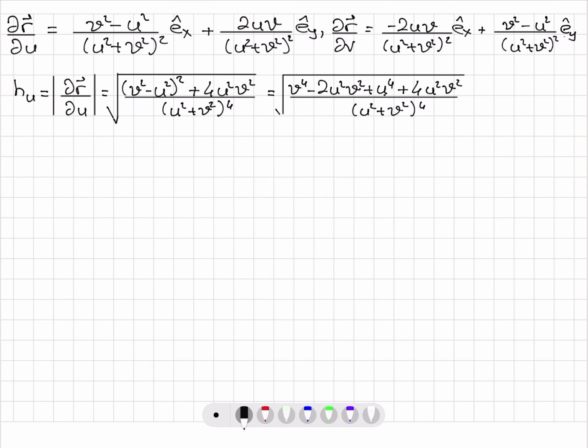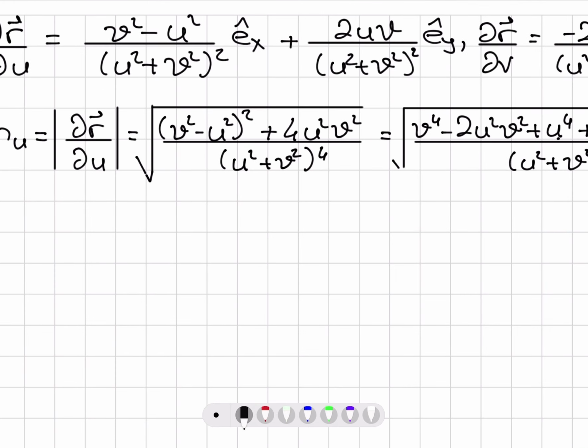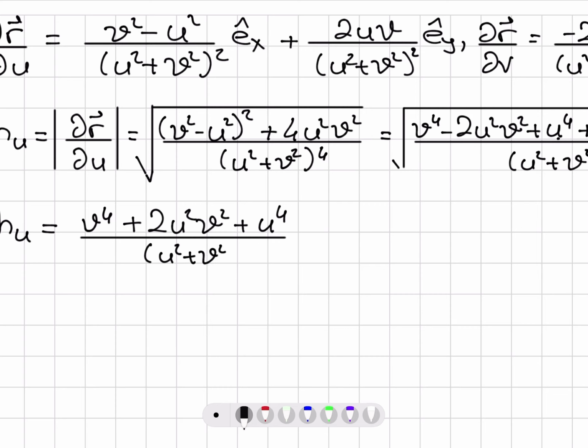So I can see that this scale factor h sub u is equal to the square root of v to the fourth power plus 2u square v square plus u to the fourth power divided by (u square plus v square) to the fourth power.